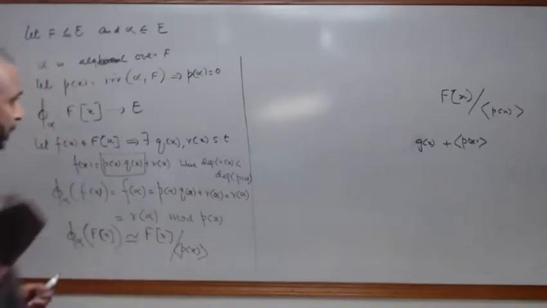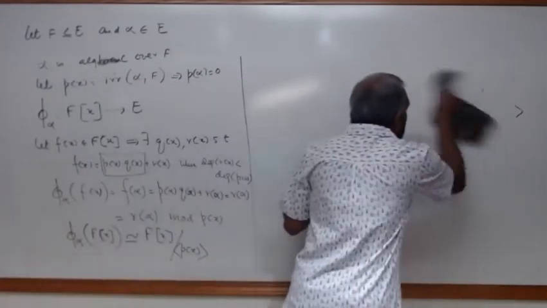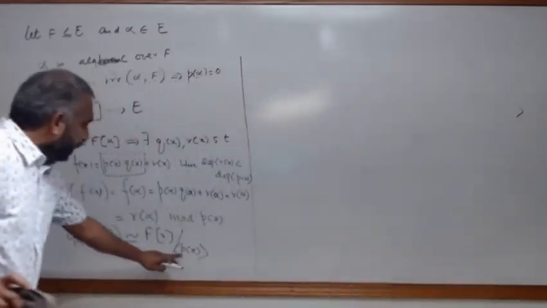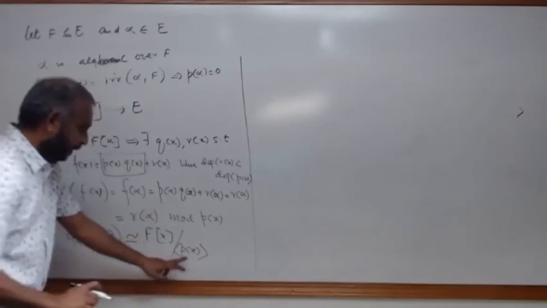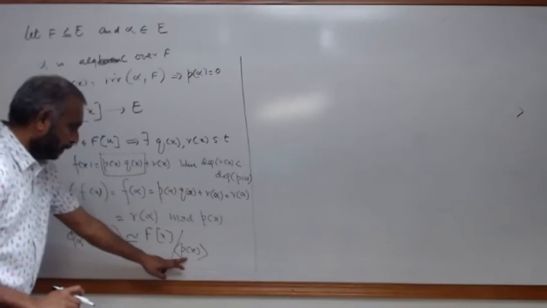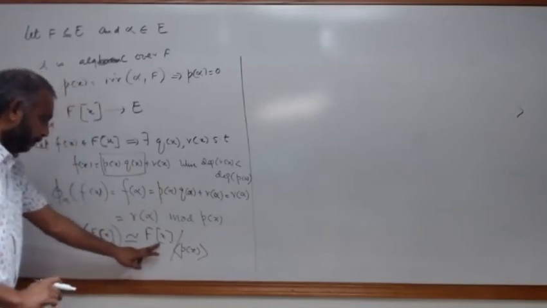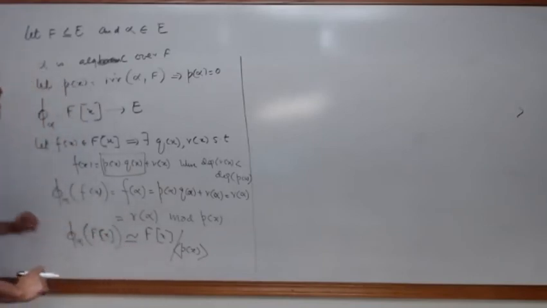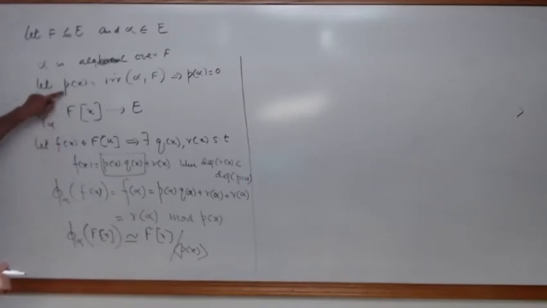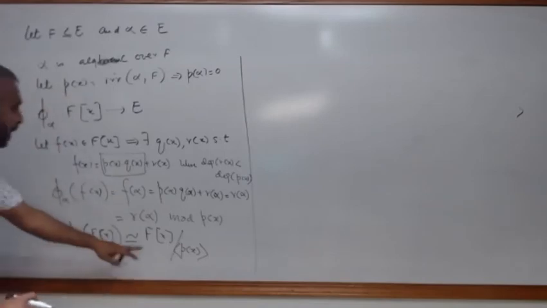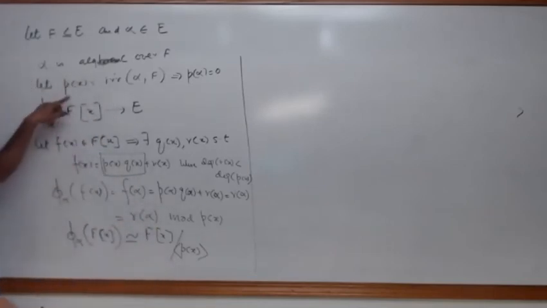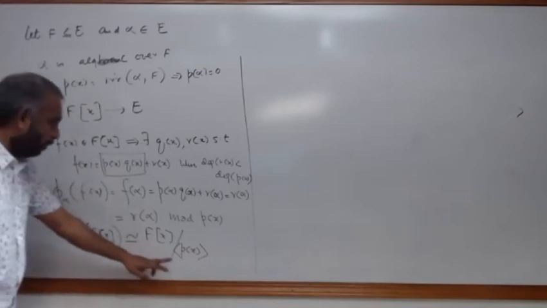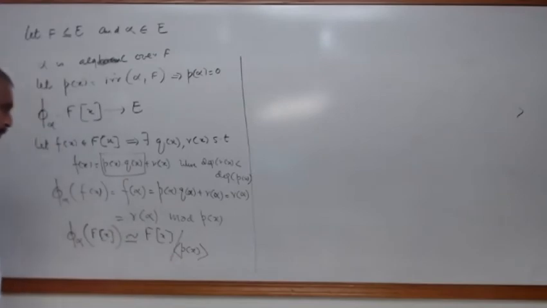And P of x is an irreducible polynomial. So this is actually a field containing the 0 of P of x. We already established that this is an extension of f of x containing the 0 of P of x.